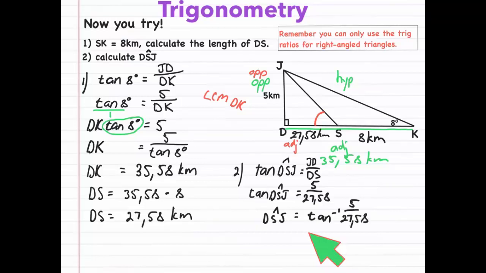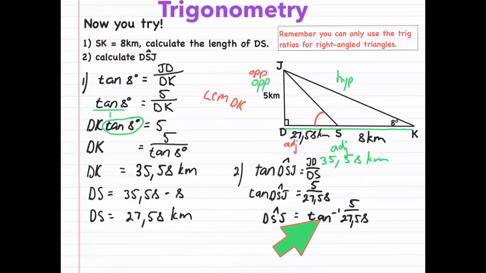27,58. So now it's some calculator work that we need to do, right? So we are just going to take this tangent to the power of -1 and 5 over 27,58 and put that into our calculator. So let's do that.